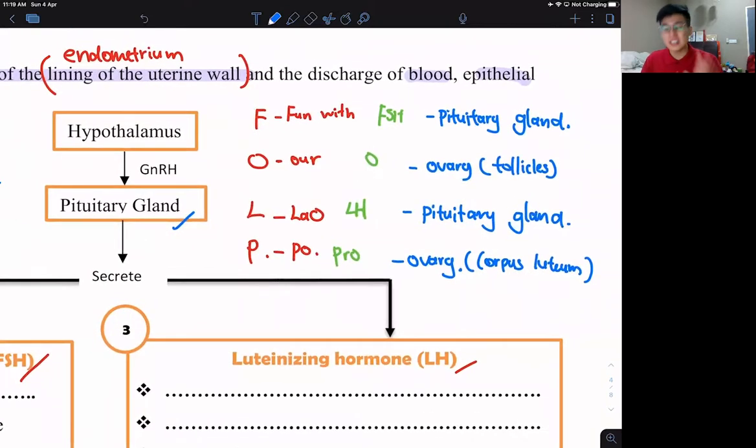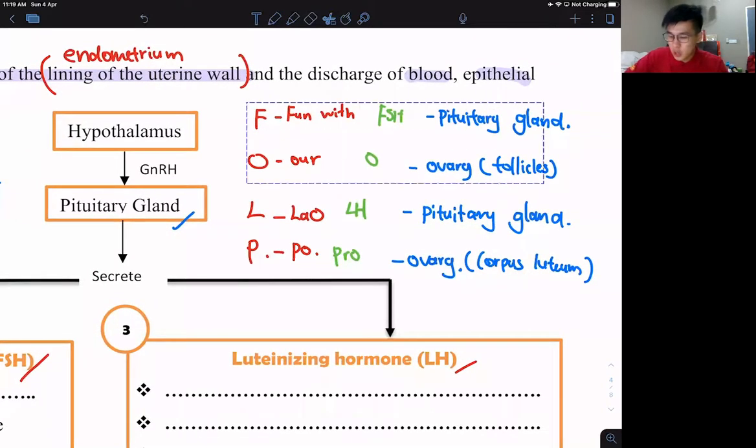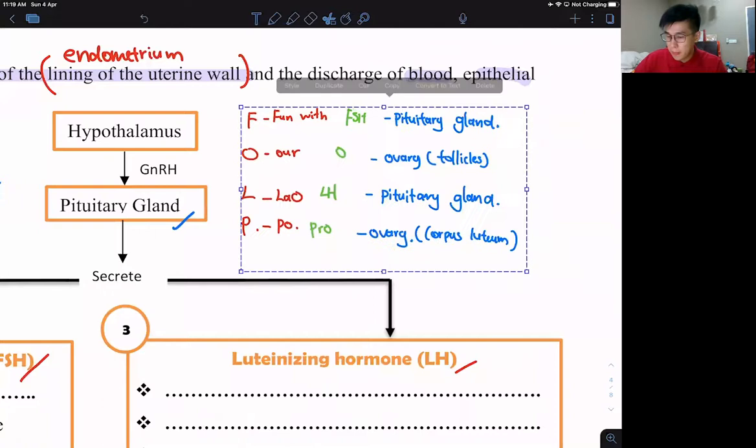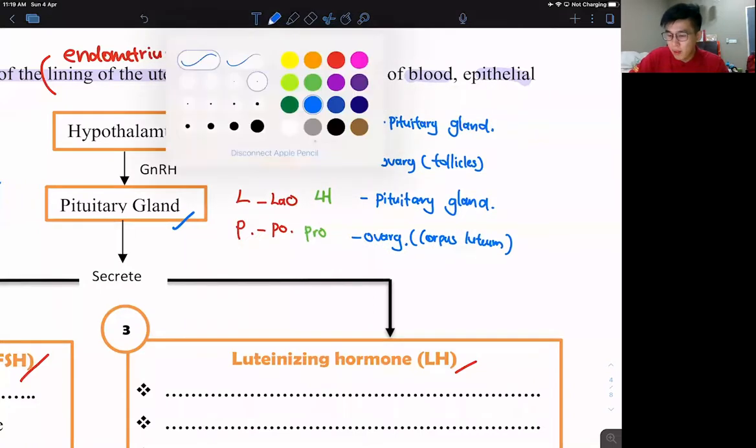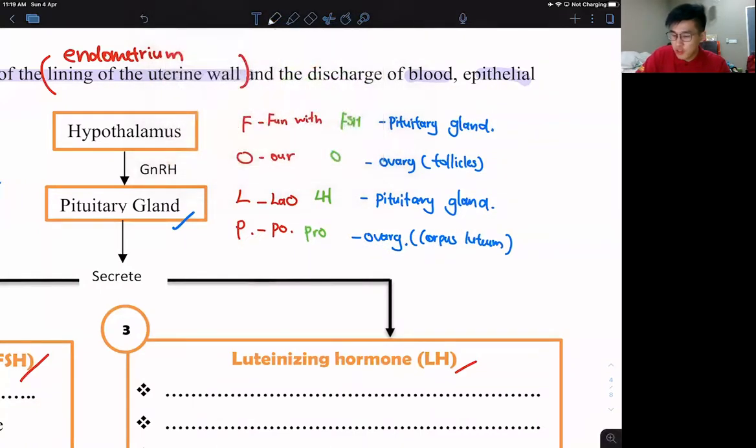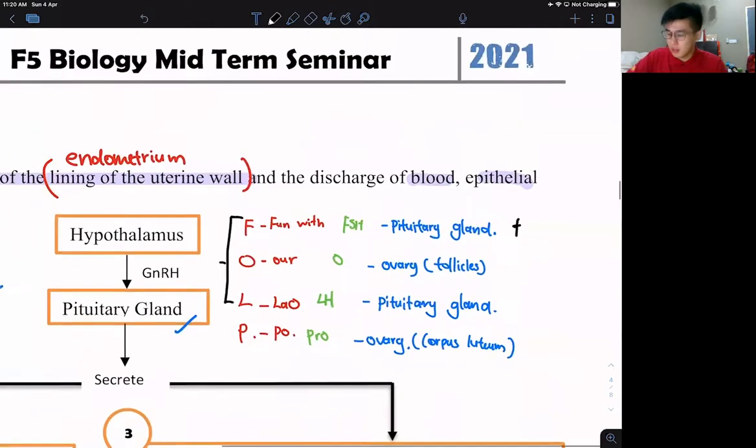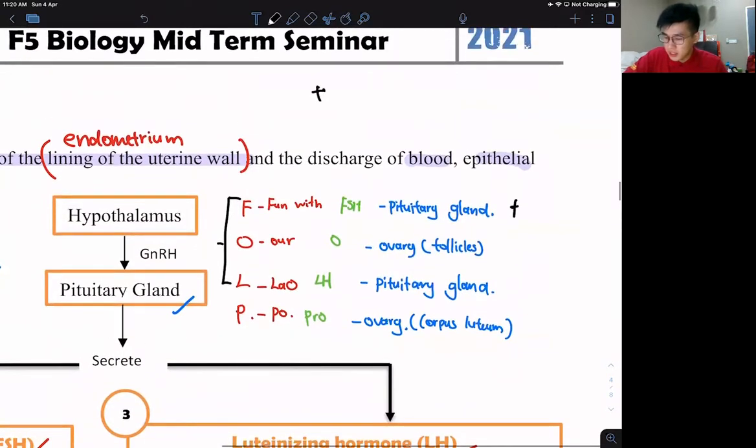Another thing I want you to know is that FOL, the first three hormones, are hormones that have a positive feedback mechanism. What do I mean by that? You can write down here, positive feedback mechanism.